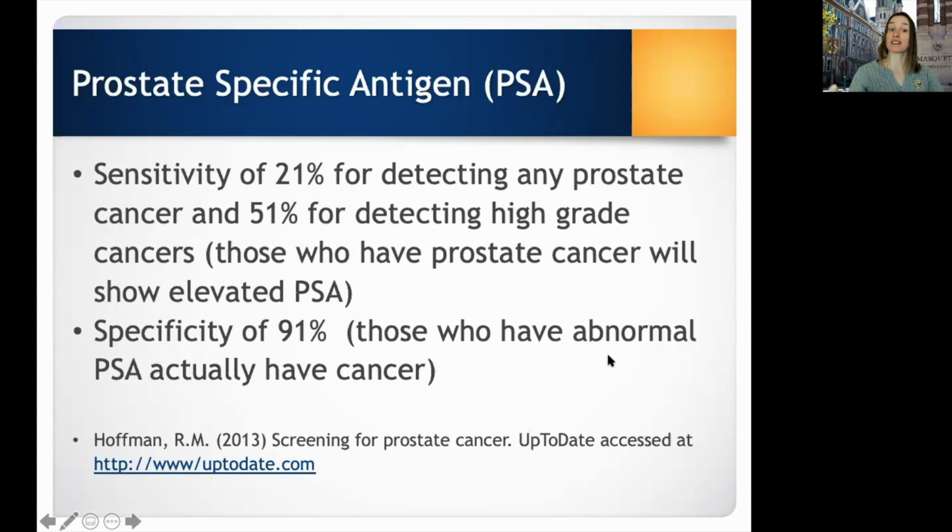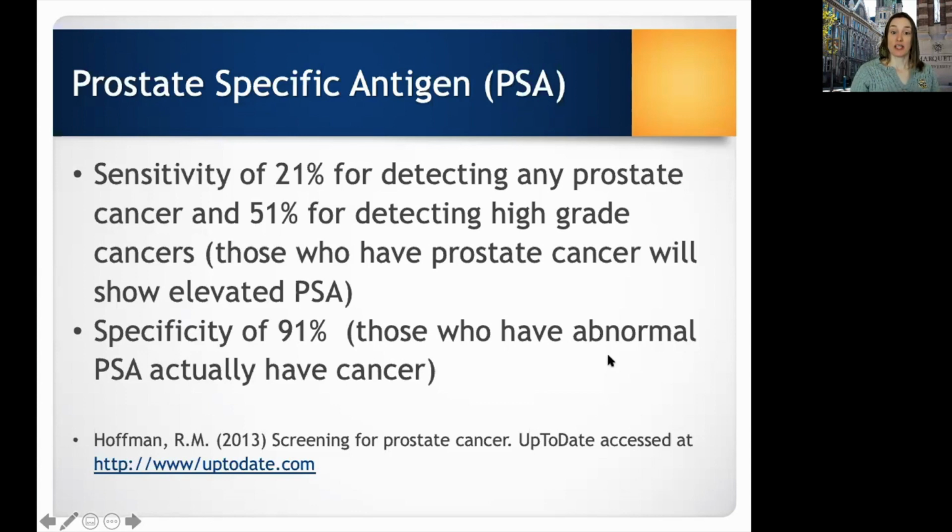Those who have prostate cancer will show an elevated PSA, so it'll be high. Now, the sensitivity isn't great because it doesn't catch everyone that has prostate cancer. So some people may have a low PSA, but still have prostate cancer.